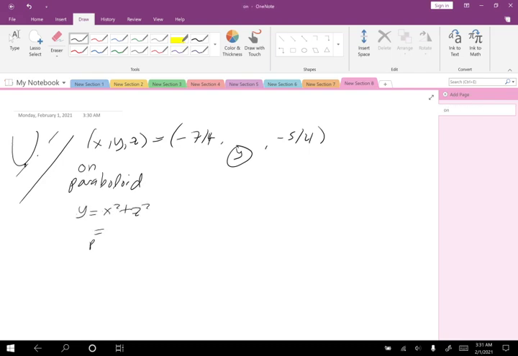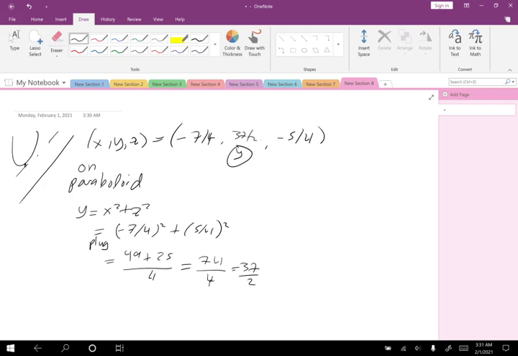Just plug it in. So negative 7 over 4 squared plus 5 over 4 squared. This will give me 49 plus 25 over 16, I believe this is 74 over 4, so this looks like 37 over 2. So I'll put 37 over 2 here. This is the desired point we were looking for.